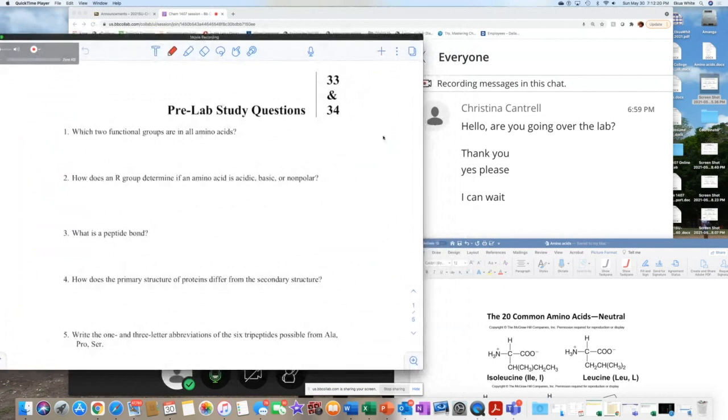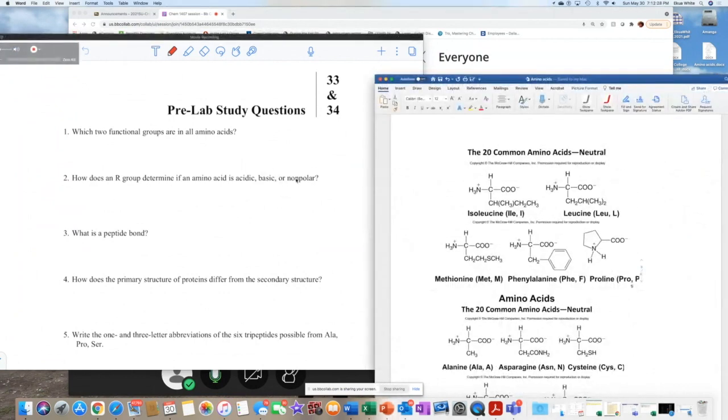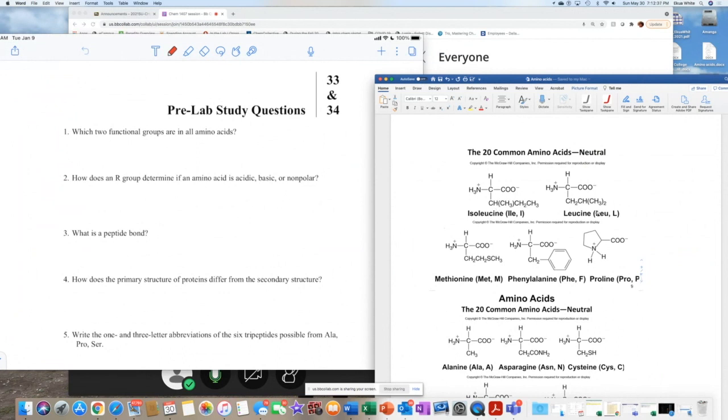Okay, let me see. That's interesting. The lab book talked about nonpolar, but the textbook didn't, because in the majors class we talk about nonpolar. So while we're here for number two, the nonpolar ones are going to be the alkane looking ones, right? Like isoleucine will be nonpolar, leucine will be nonpolar, because these do not have any of the heteroatoms, right?